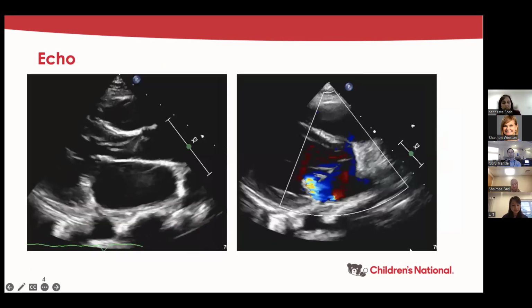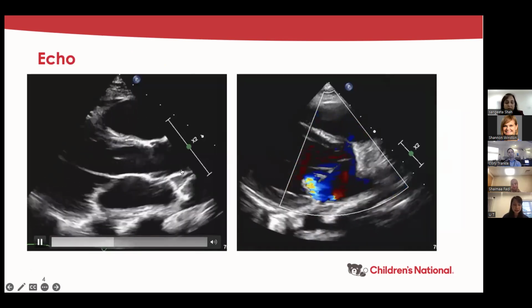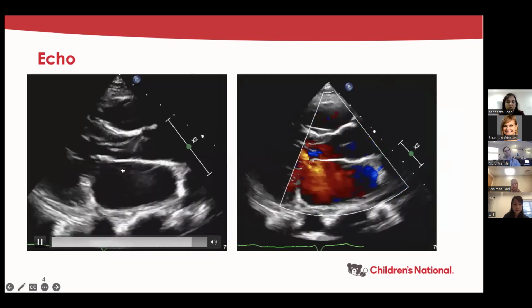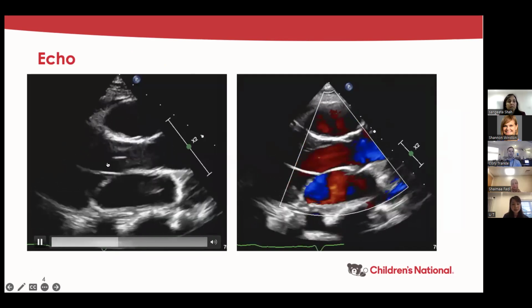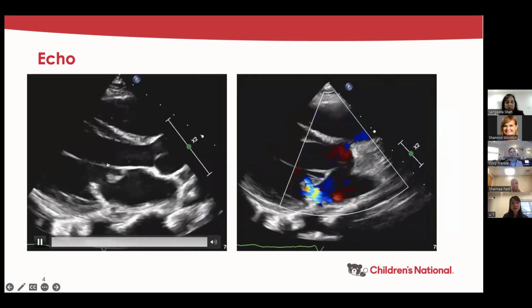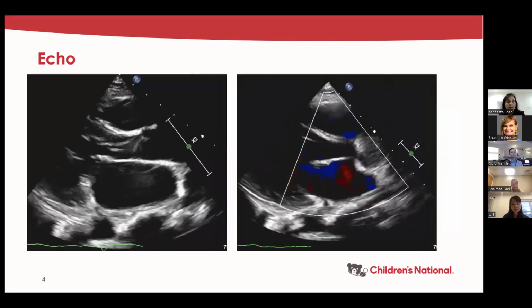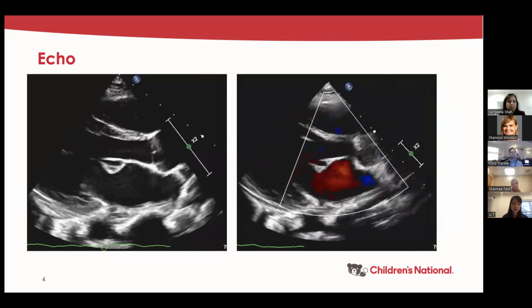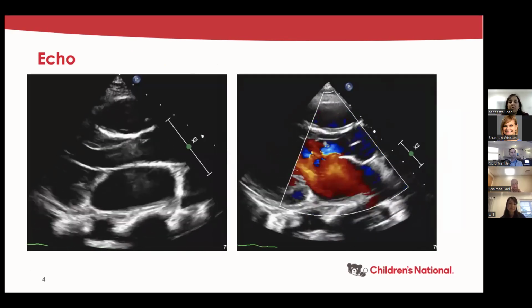This is her echo. When you look at the parasternal long axis view, what strikes you is that there is some sort of connection between the anterior leaflet of the left AV valve to the septum.